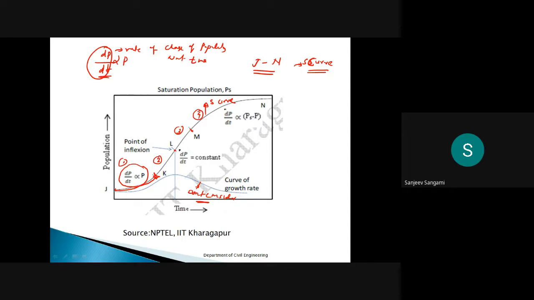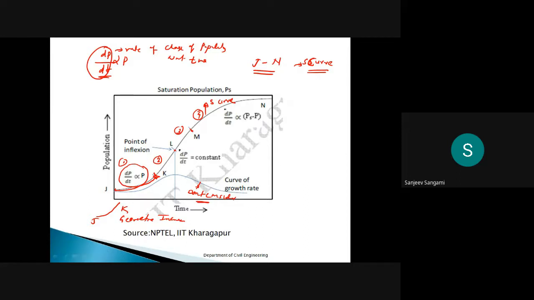The curve is like this from J to K. That is dp by dt, which we normally call the geometric increase method.